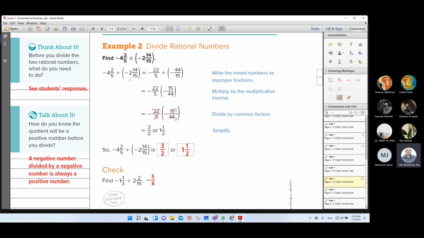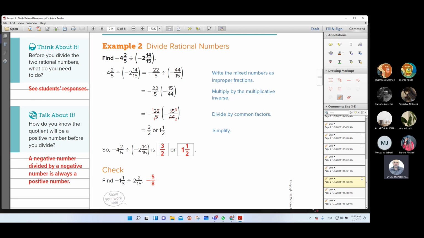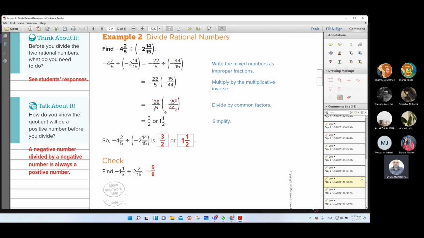Divided by, and here 2 times 15 is 30, plus 14 is 44 over 15. Now we can use the rule. Keep the same first number, negative 22 over 5. Change the divide to multiply. Then 44 over 15 becomes 15 over 44. Find the reciprocal.